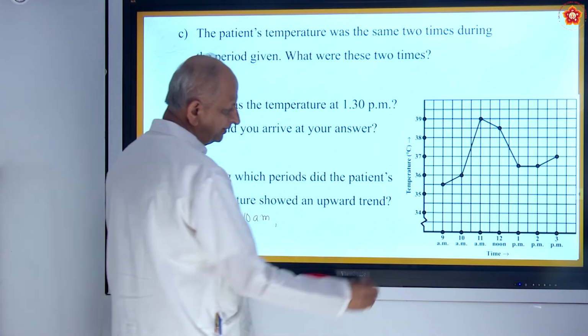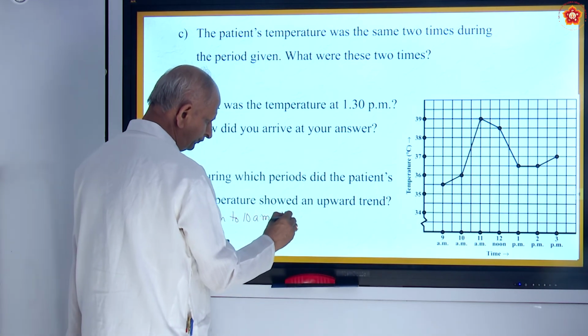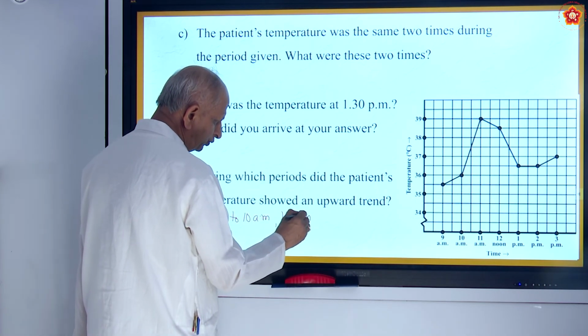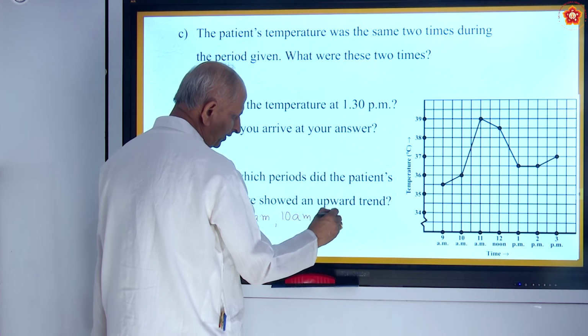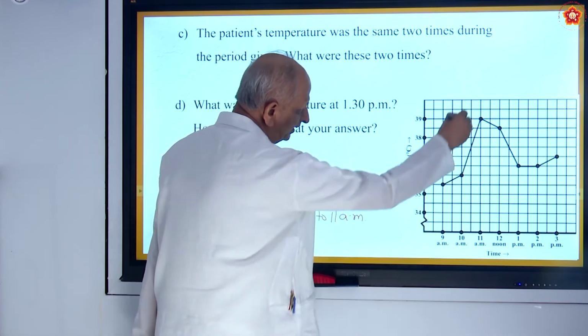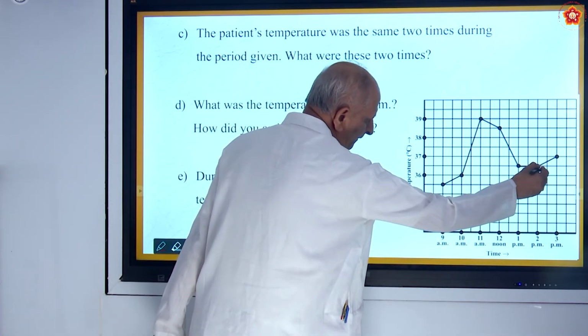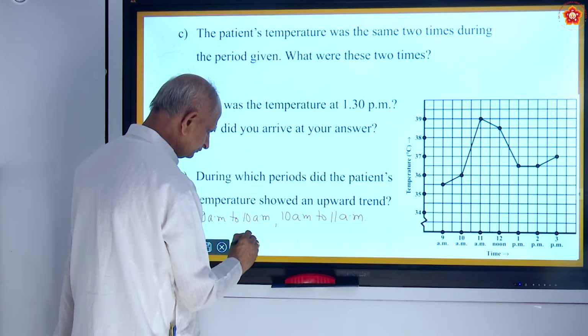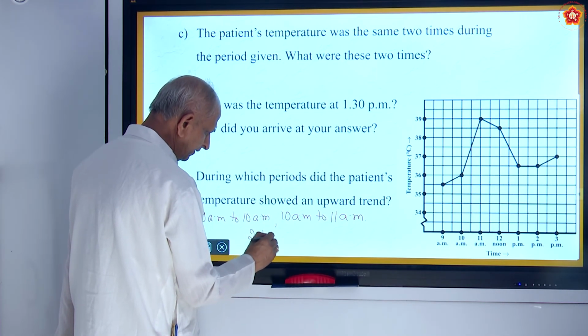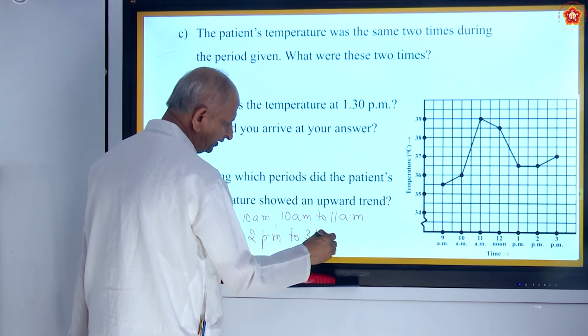Next one, 10 a.m. to 11 a.m. There is an increase, correct? Then there is a decrease. Don't write decrease. One more is 2 p.m. to 3 p.m. So there is an increase.